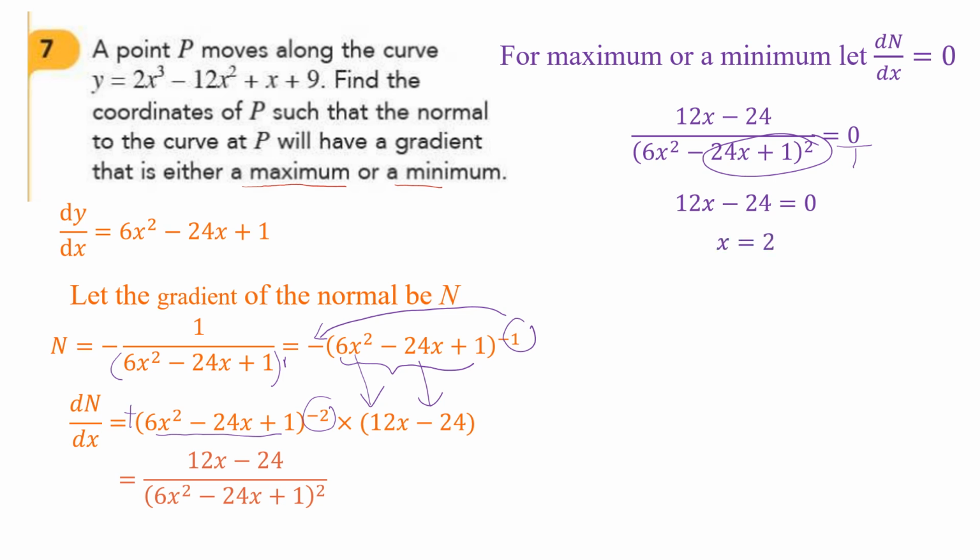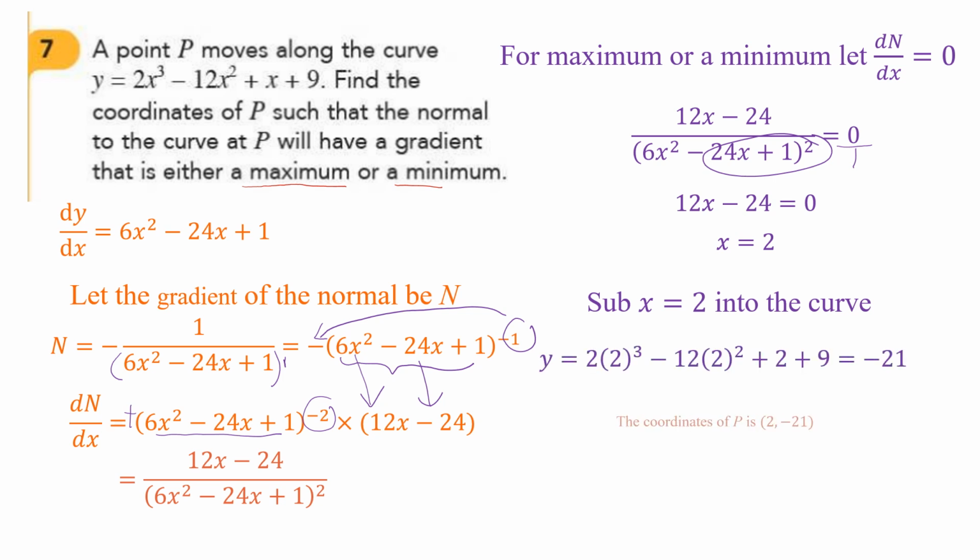But that's not the end yet, because we are asked to find the coordinates of P. We only managed to find the x coordinate. We still have to find the y coordinate, so I need to substitute x equals 2 into your curve to get the y coordinate. So therefore your point P is (2, -21).